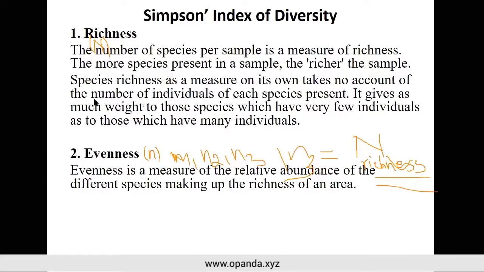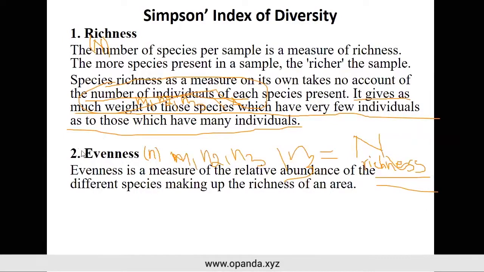When I talk about the number of individuals, that is N1, N2, N3, etc. The number of individuals of each species is not taken into account. It gives as much weight to those species which have very few individuals as to those which have many individuals.